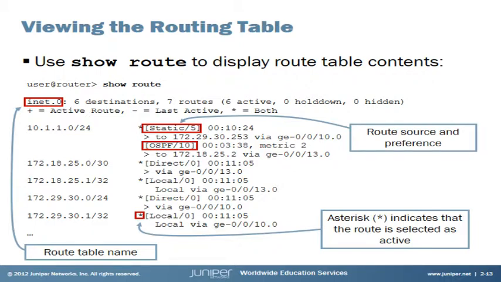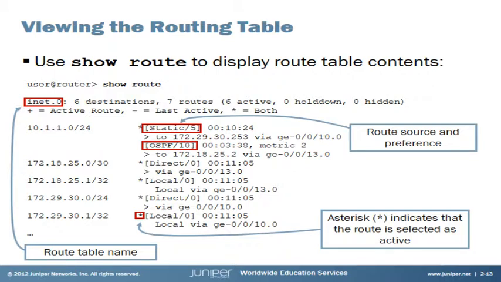If you look down the list, we've also got a direct route with a preference of 0, and a local route with a preference of 0. In fact, the local and the direct are derivatives of the same thing, the fact that there is an interface connected to a particular network.